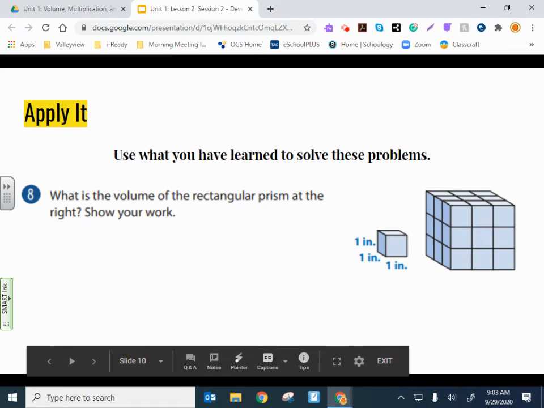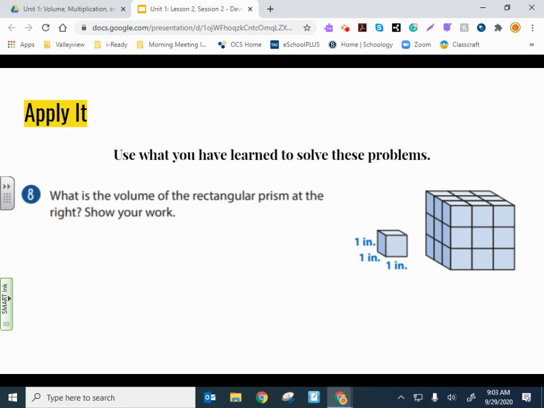All right, so this question: what is the volume of the rectangular prism at the right? Show your work. Again, you can use several different techniques to find the answer. I'm going to look at this like a big slice, like a slice of bread, and I notice that one slice is 9 cubes.